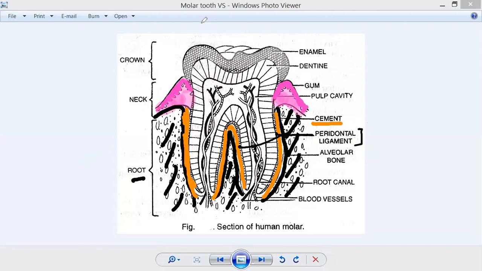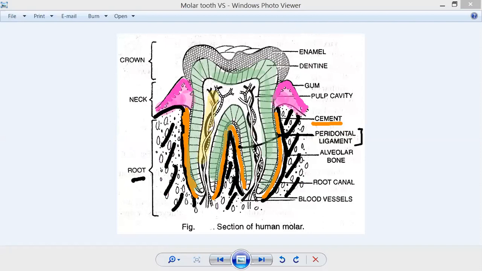Then inside it, this part is the dentine, and this is homologous to bone. So this part I am drawing in green is the dentine part. Clear?